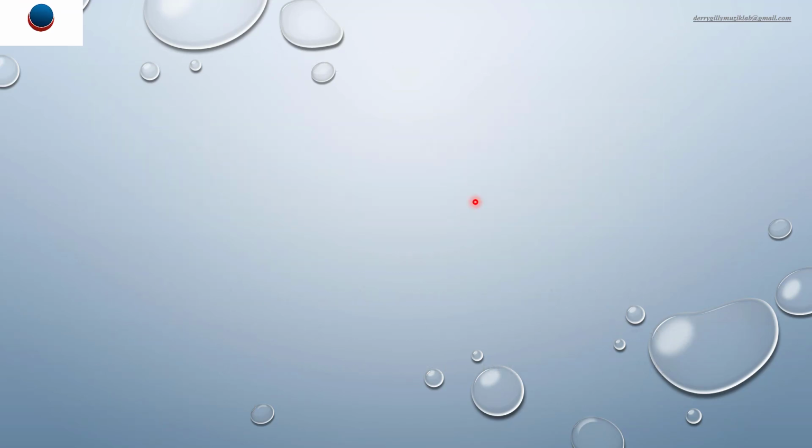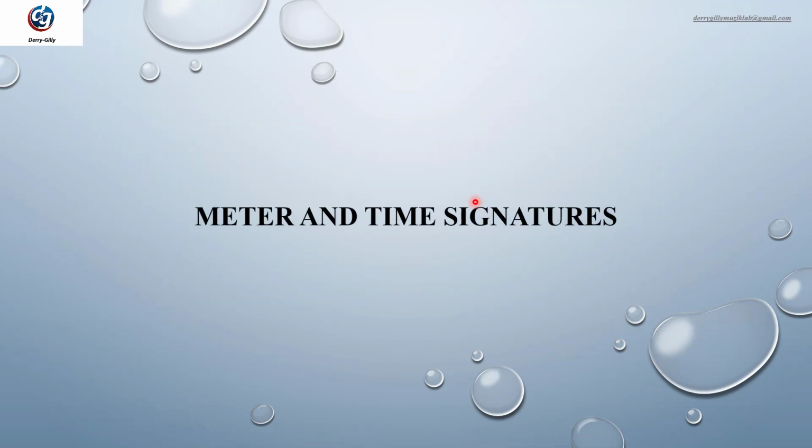Now, when we go to the next one, we are looking at meter and then time signatures. When we talk of meter, what is meter? Meter is expressed in music as a time signature, and this determines four fundamental ways.